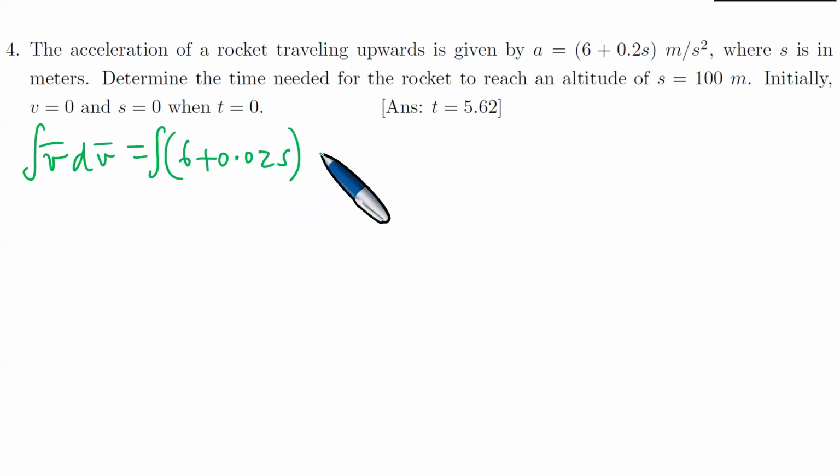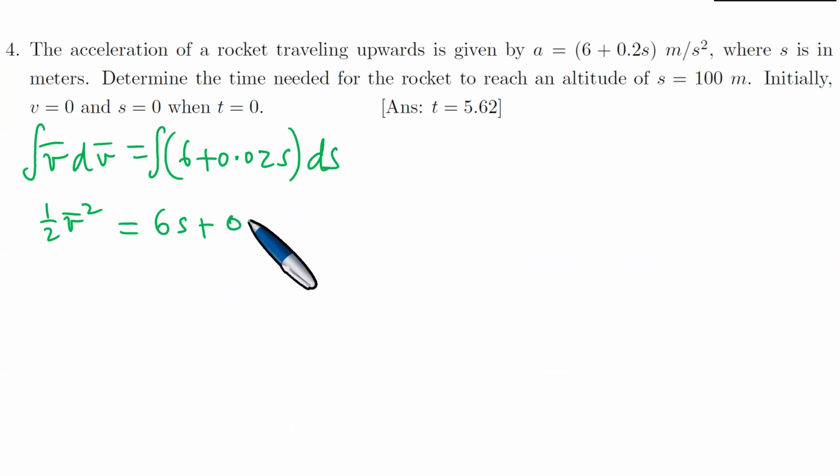We integrate this and we get half v squared, which is 6s plus 0.02 s squared over 2, like this.